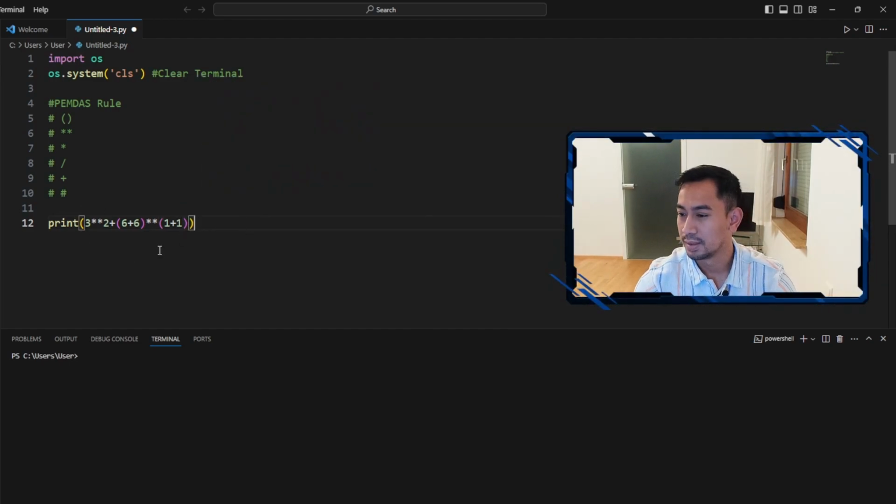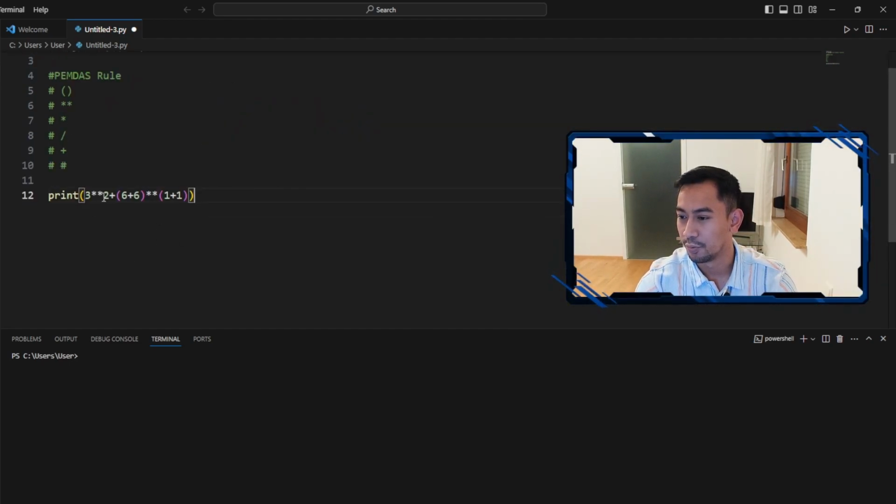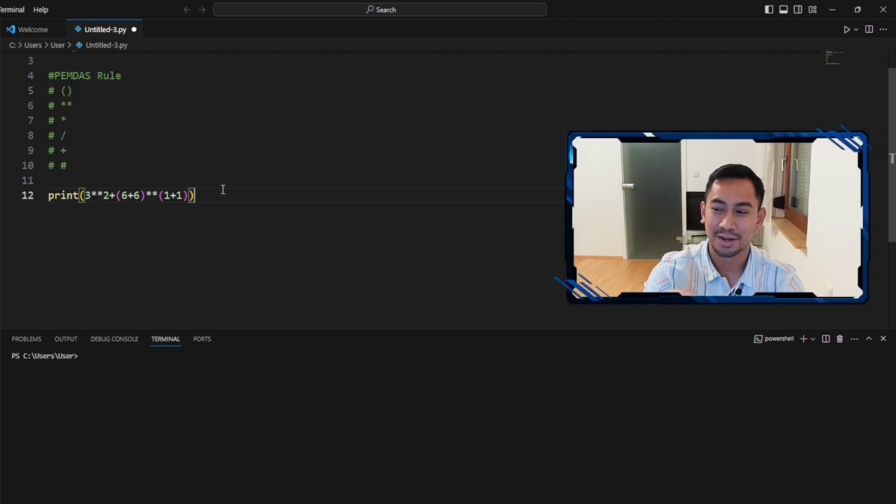I think this is a perfect example. We have exponentiation, and then we have addition, also we have parentheses, we have exponentiation again, and addition. So write in the comment which one should be calculated first.